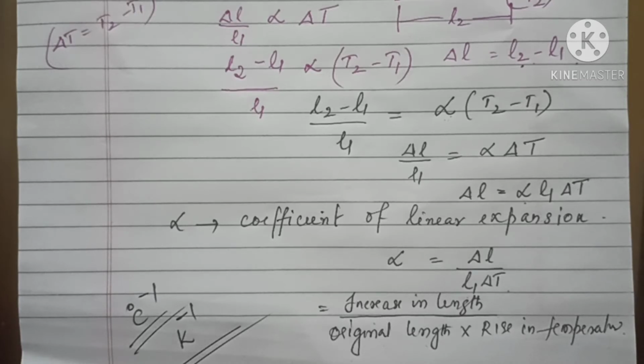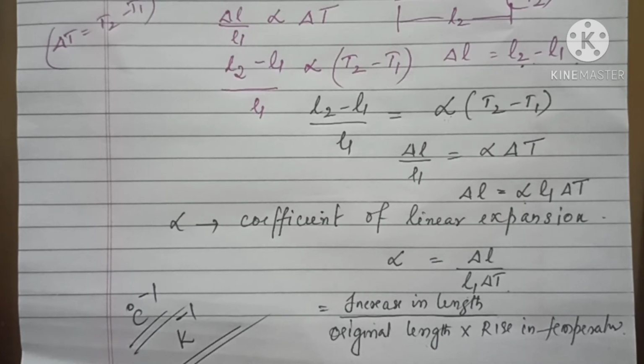Clear for you? So we are discussing thermal expansion, that is the phenomenon of change in the dimensions of an object when heat is supplied. Thermal expansion has 3 types: linear, area and volume. Linear means lengthwise expansion, so the expansion in the length of a body due to increase in temperature.